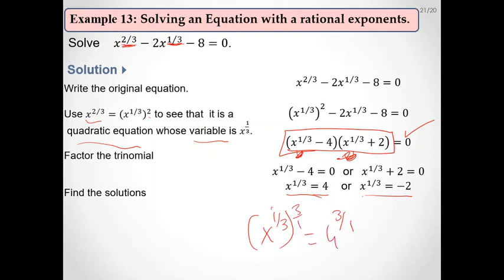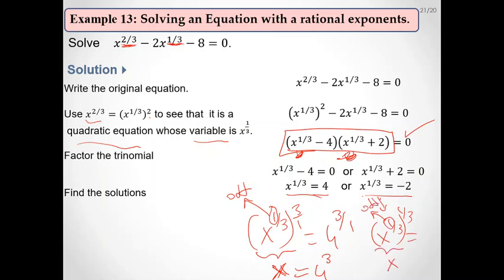And as you know, this is an odd number, so if it is odd, you can directly say this is equal to x. And it turns out to be x is equal to 4 cubed. And let's do the same thing for this. This is odd, so this turns out to be x.